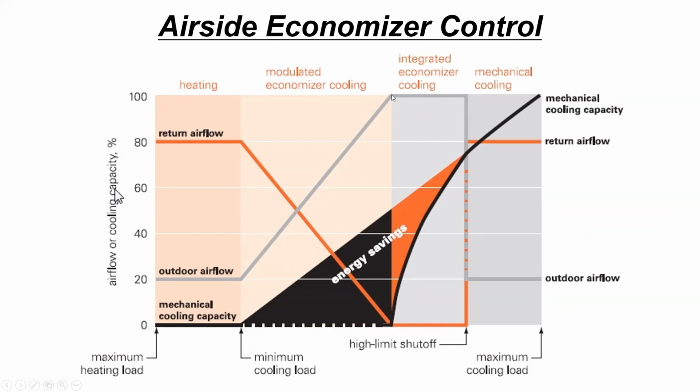And of course, we're limited. We hit the limit on the right-hand side, and we can go back to normal. The painted area in black shows the amount of energy saved because we use the outdoor air in the form of airside economizer control.